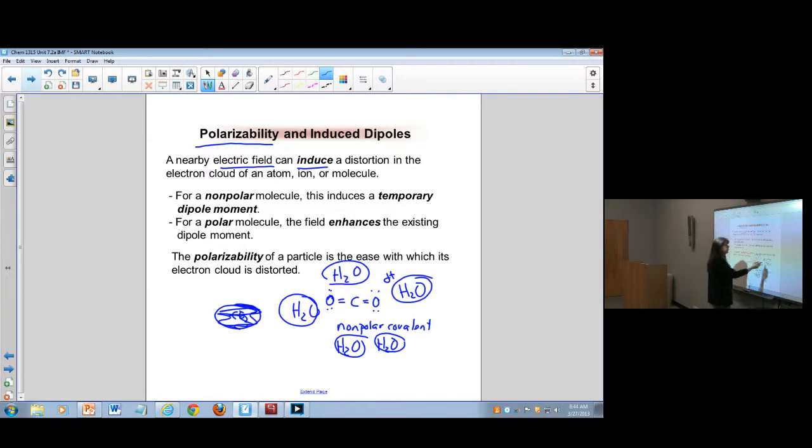What happens? If this is partially positive, then this end is going to develop temporarily a partially positive, let me take all this stuff off for a minute.